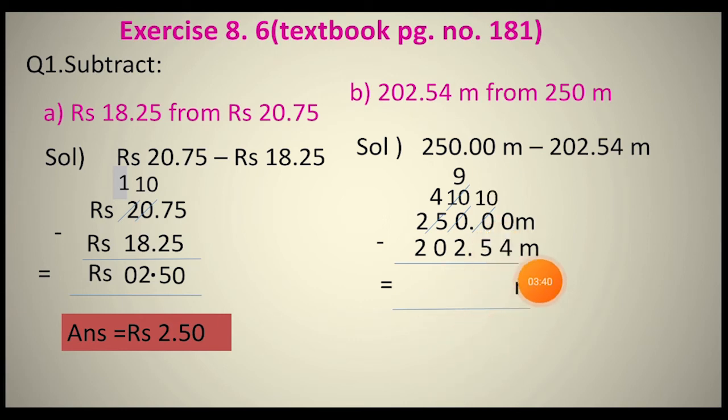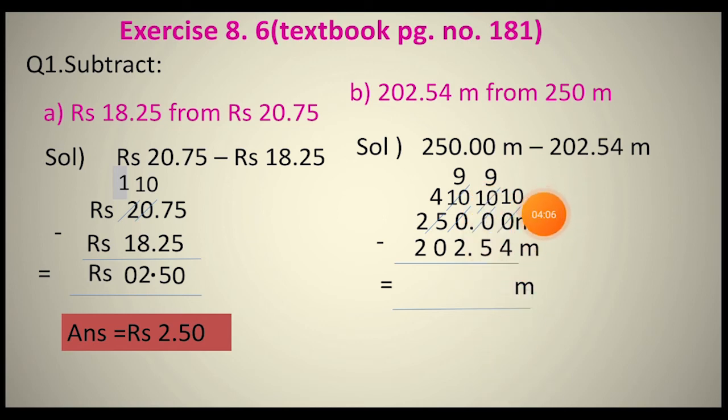Now the hundredth part of the first number is 0. By taking the borrow from this tenth part, this hundredth part will become 10, and this tenth part will reduce to 9, you can see.